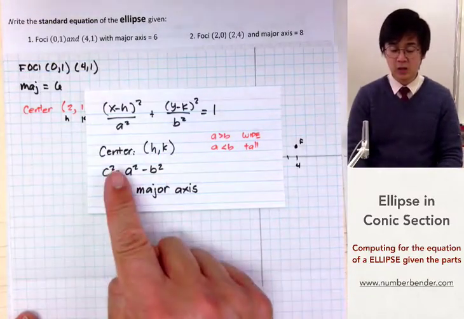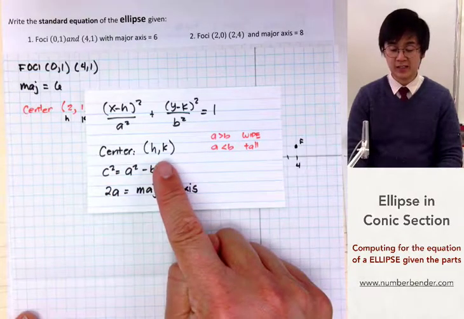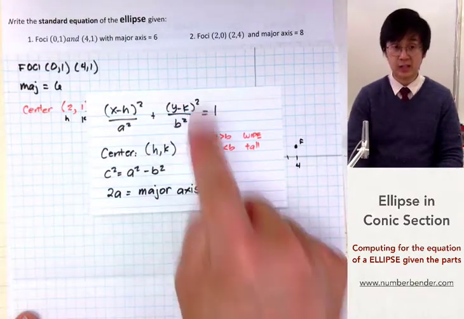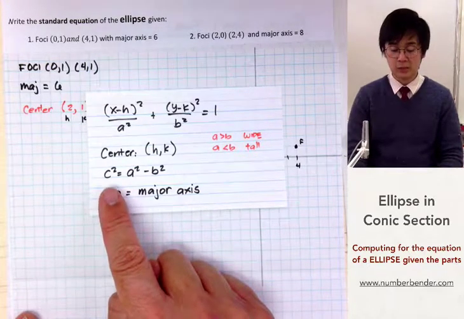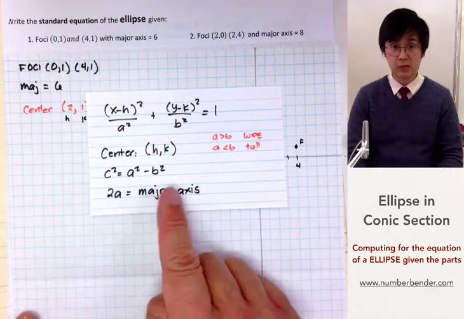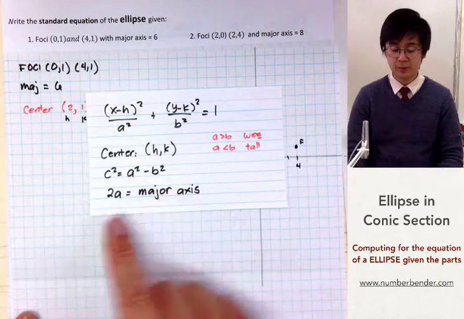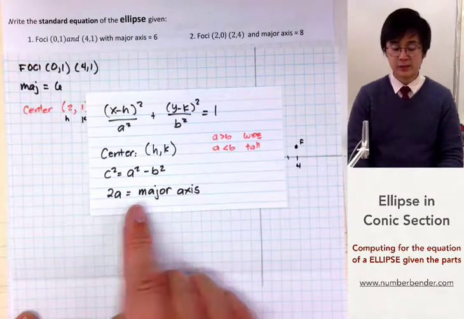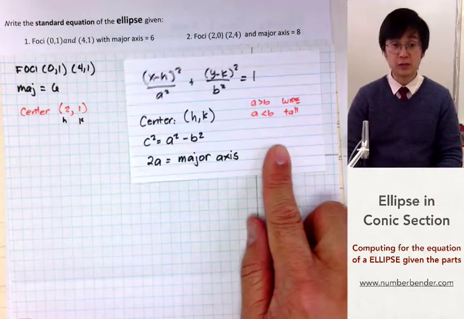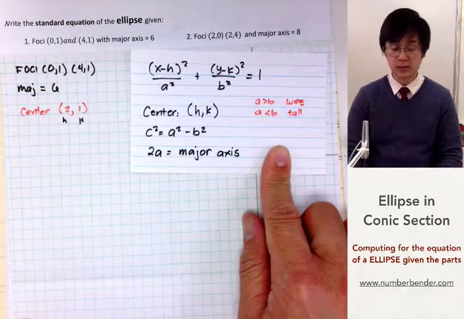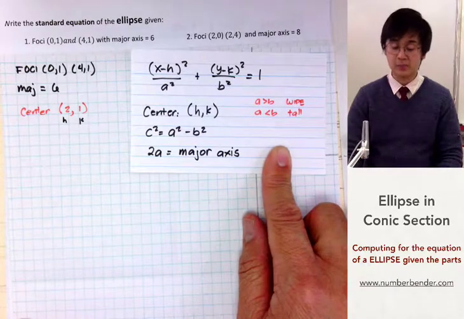The center of our ellipse is at (h, k). To find the foci, we'll be using c squared is equal to a squared minus b squared, and also 2a is equal to the major axis. So these are the formulas that we're going to be using in analyzing our ellipse.